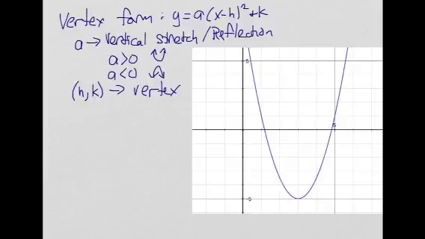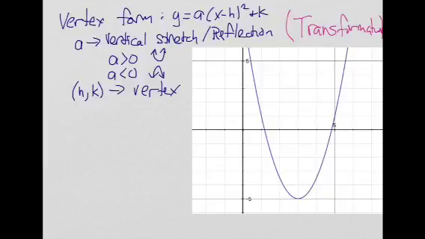Vertex form should look kind of familiar because we did this when we looked at transformations. Basically, the vertex form is a translation and a dilation of the parent function y equals x squared.